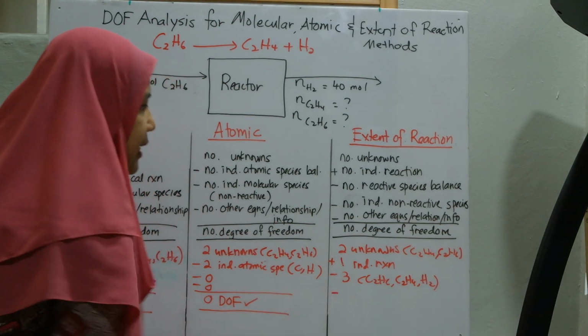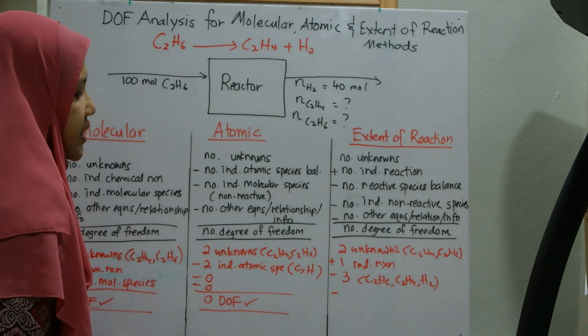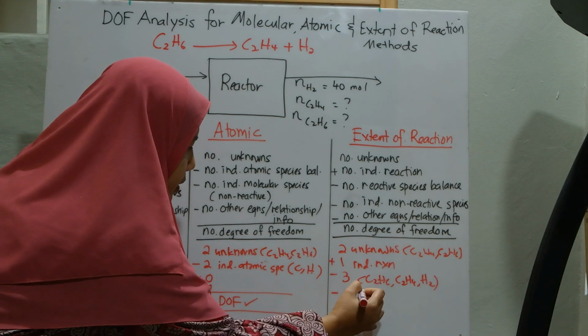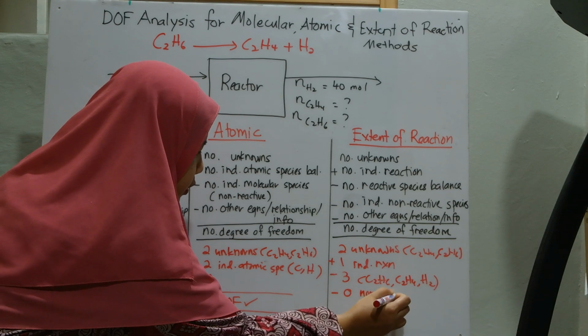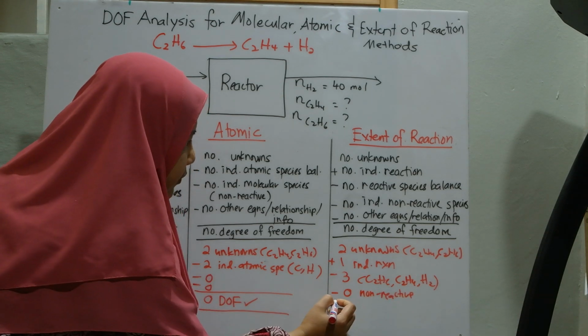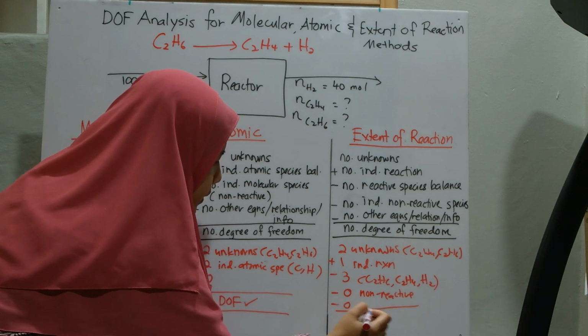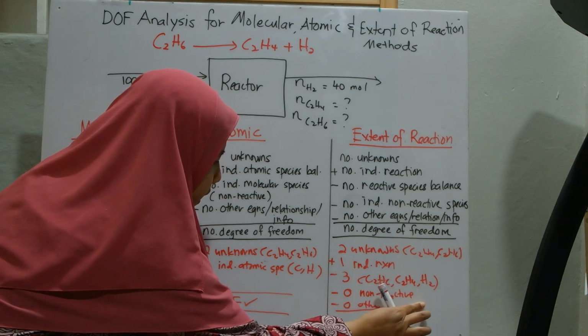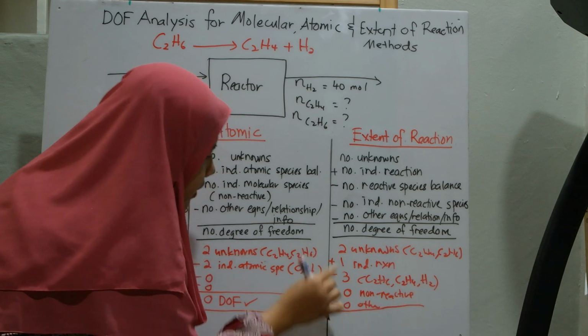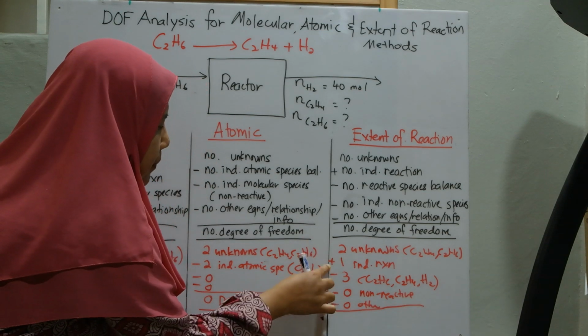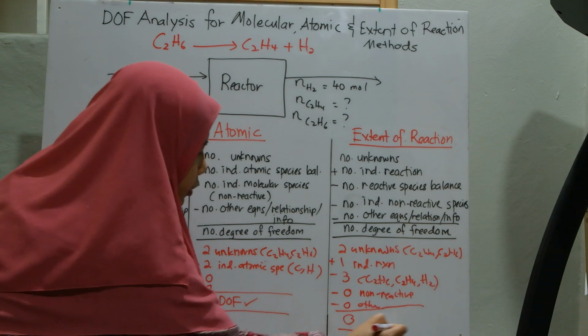And then minus number of independent non-reactive species. In this case, we do not have it. And finally, other equations, we also do not have it. So let's see: 2 plus 1, 3, minus 3, so it becomes 0 degrees of freedom.